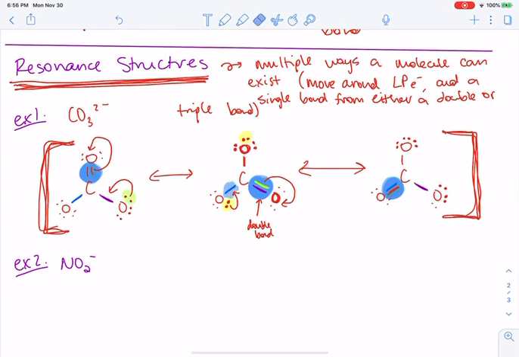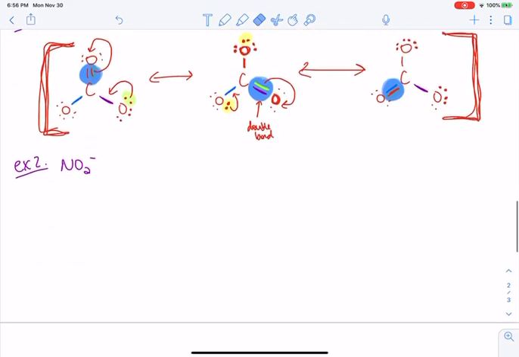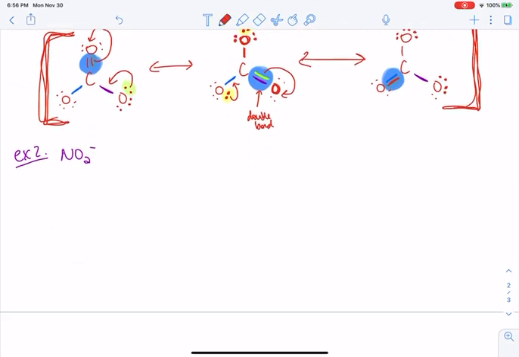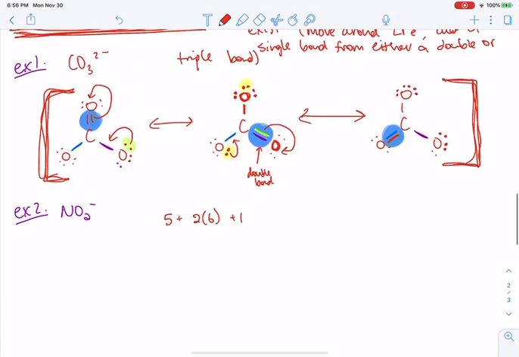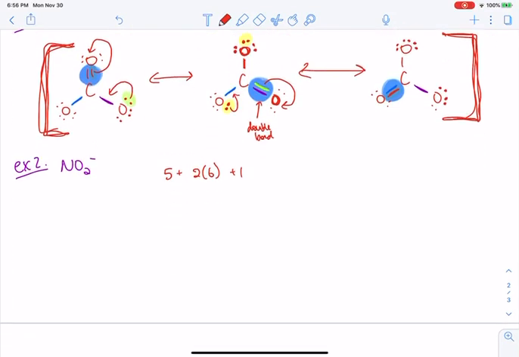Okay, so let's do another example. Here we have nitrate anion. So nitrogen has 5 valence electrons. We have 2 times the 6 for the oxygen plus the 1 for the anion. We get 5 plus 12 is 17. This is 18 electrons. So we'll put nitrogen in the middle, oxygen, oxygen.